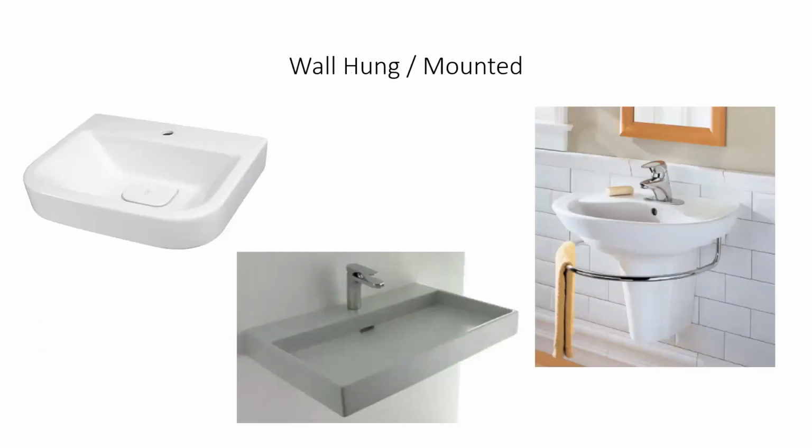Then we have wall-hung or mounted sinks. The wall-hung or mounted sink is something that's used for various reasons. You'll see a couple of porcelain options here. There is a floating concrete option as well. But with all of these, you're going to definitely need to figure out your mounting and your supports. Oftentimes, you will need mounting brackets that will come out of the wall and need to be done during the framing and rough-in phase before the drywall goes up.